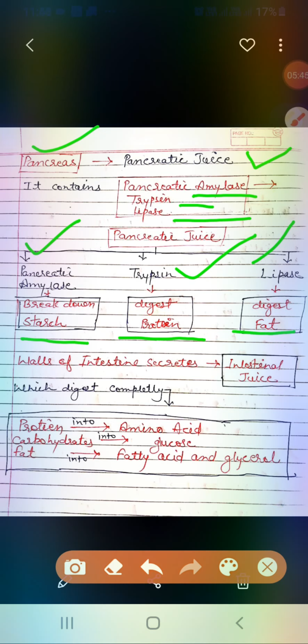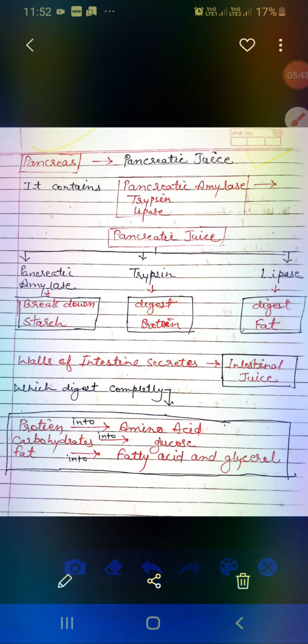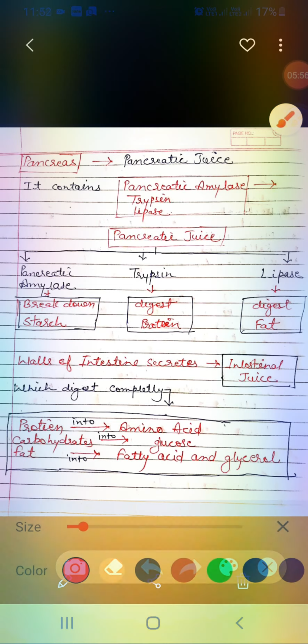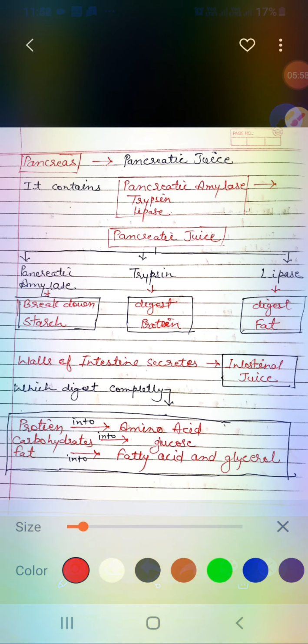So the pancreas releases pancreatic juice containing three enzymes: pancreatic amylase breaks down starch, trypsin breaks down protein, and lipase breaks down fat.